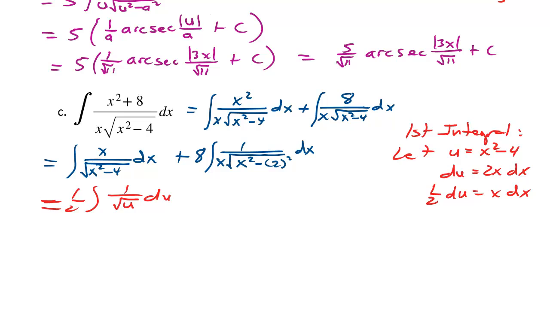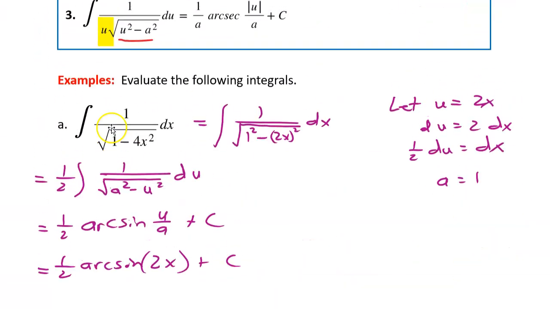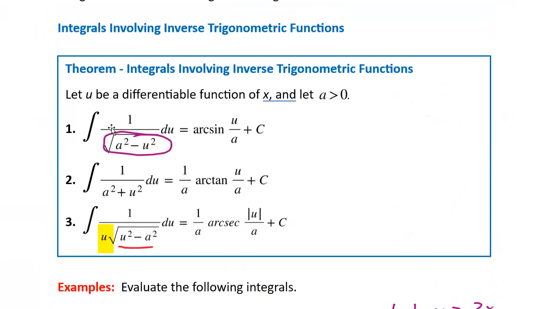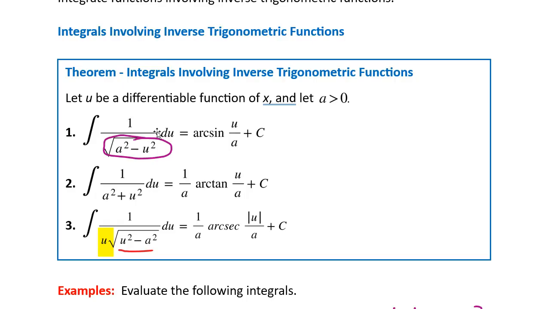All right, now let's look at the second integral. Second integral is exactly the pattern we see for the arcsecant. Okay, let's go back to the arcsecant formula. All right, so in place of the u, we got x, and in place of the a, we got 2.